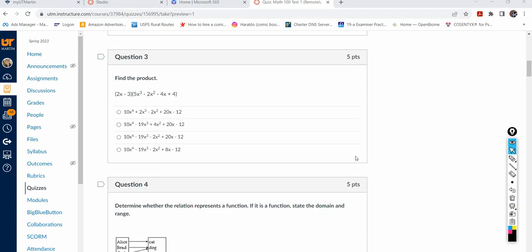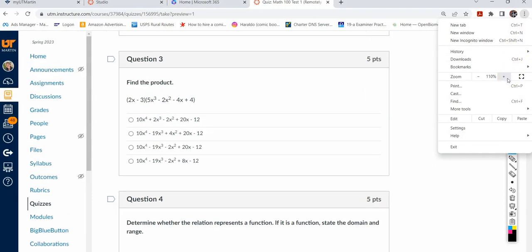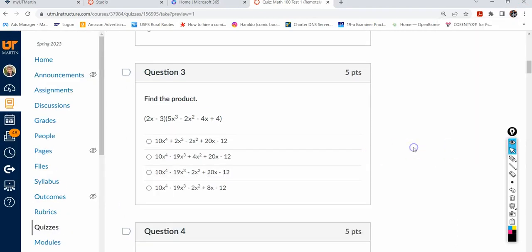All right, now we're going to find the product. I might see if I can make this a little bit bigger. Okay. So we're going to have, this is foiling. So first I'm going to multiply the 2x by each of these.